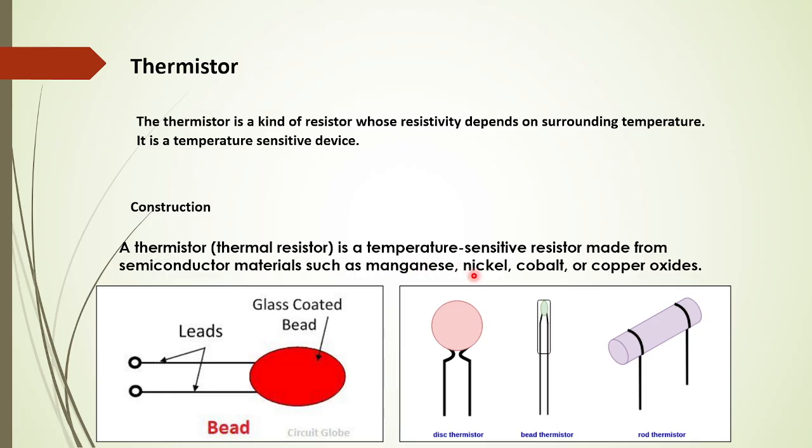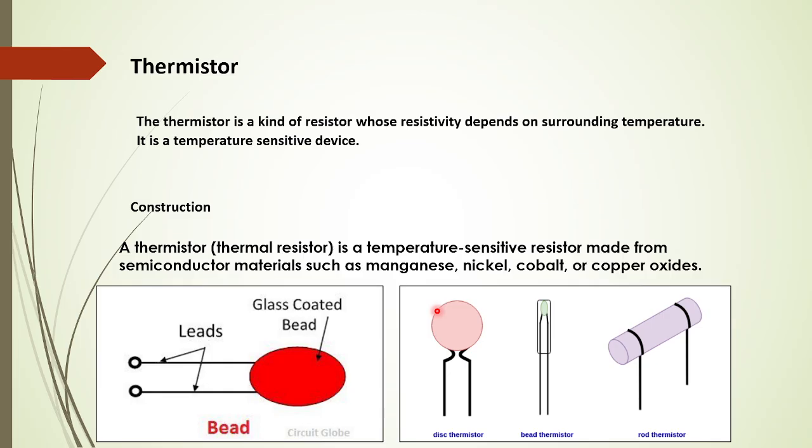Initially, this material is compressed and made into different shapes like disc, beads, or rod. These are the common shapes used in a thermistor. That is the semiconductor material, compressed like this.